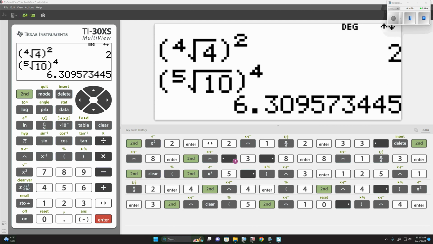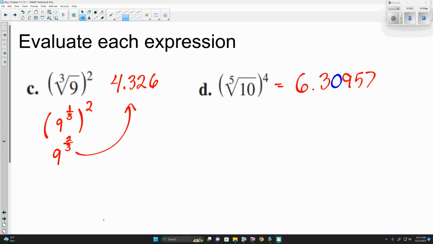Now the other way we could have typed this in is we could have rewritten our radical as a fractional exponent. Now the exponent with the 10, or exponent inside, is 1. Our root is 5.